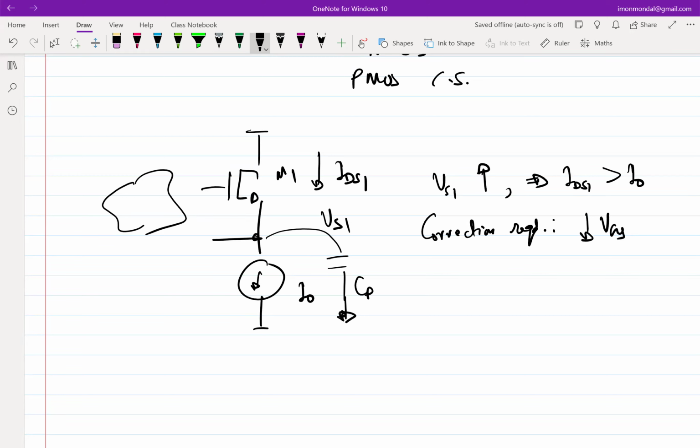That's what we are essentially saying, which means, what should I do to the gate? We should decrease VGS, right? So it implies decrease VG. So if this increases, we should decrease VG.